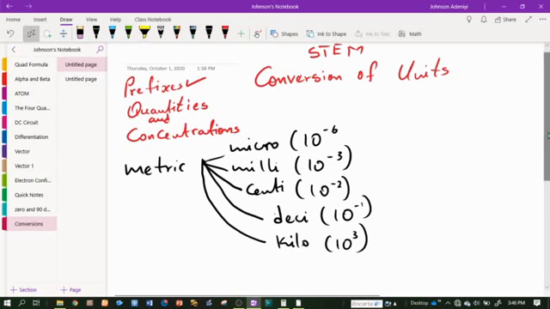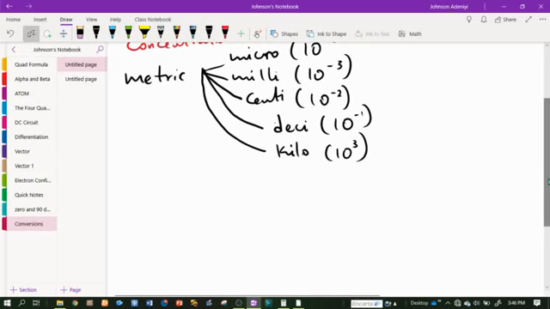This is the way you go about it. When you have 1 centimeter, let's use the symbol. 1 centimeter is simply equal to 1 divided by 10 raised to the power 2 meter.